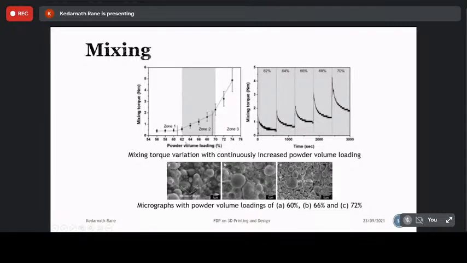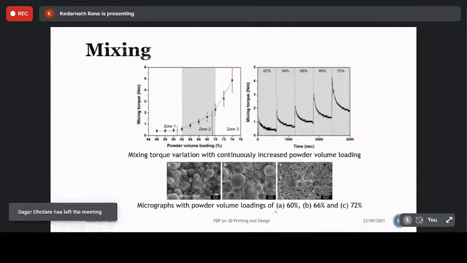So instead of 62 to 70%, the powder loading in terms of weight may be 85 to 93% by weight. When you say 90% powder loading by weight, it is around 65% by volume, because the density of polymers and the density of metals are different. That is why there is a difference between volume loading and solid loading by weight.